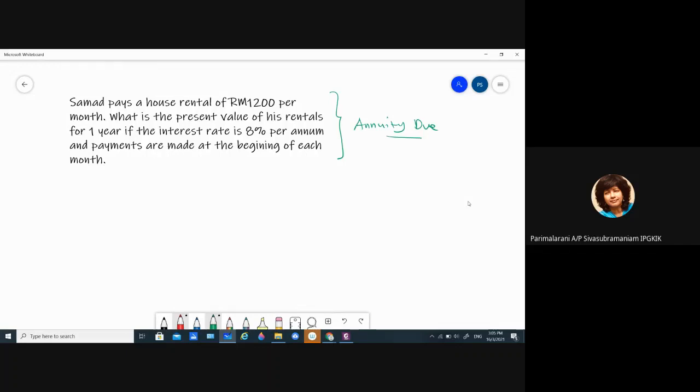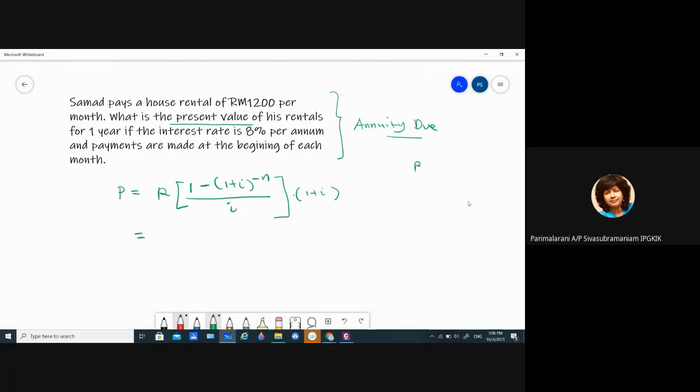Now what do you want to calculate? You want to calculate the present value of his rental, so we are going to use the present value formula. You can use either formula.